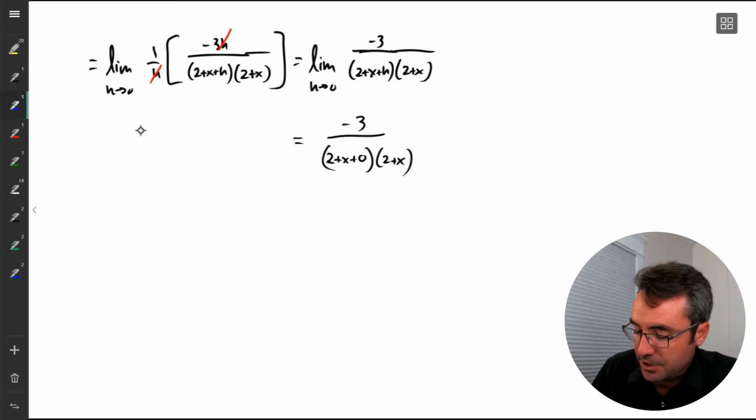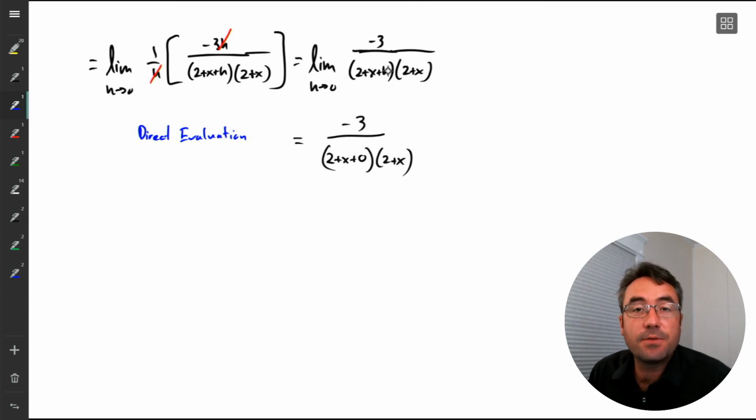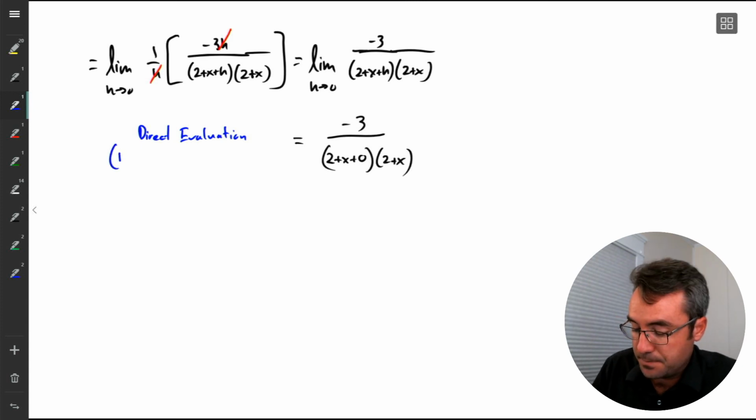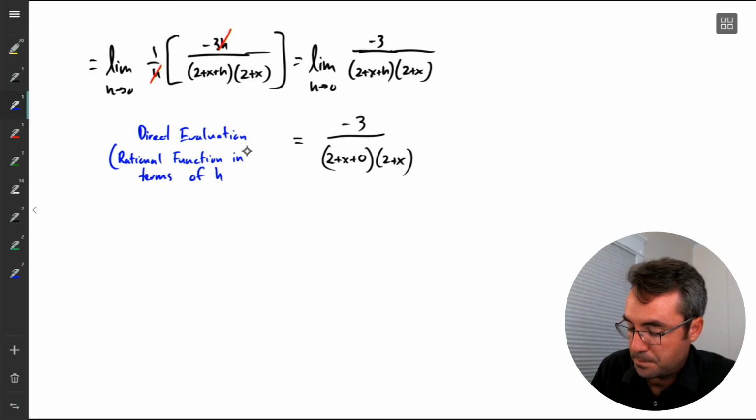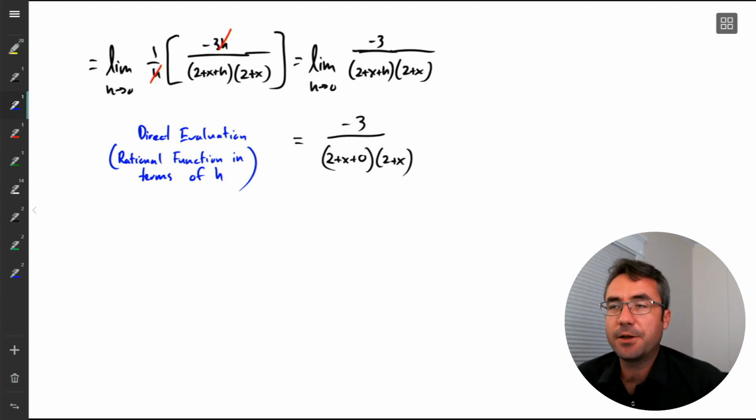Our justification here is direct evaluation, really continuity, because this is a rational function in terms of h. So we can just plug right in. We can evaluate that limit because it's a rational function and we do not have division by 0 for that particular h value.